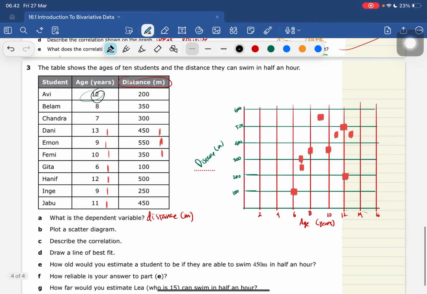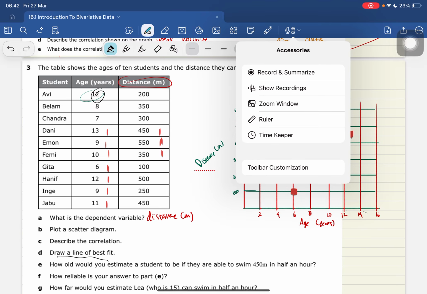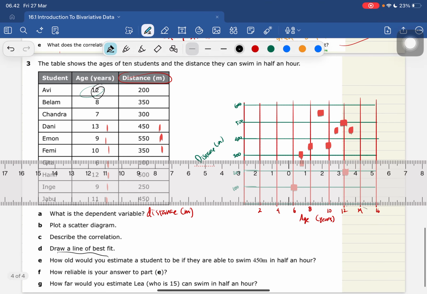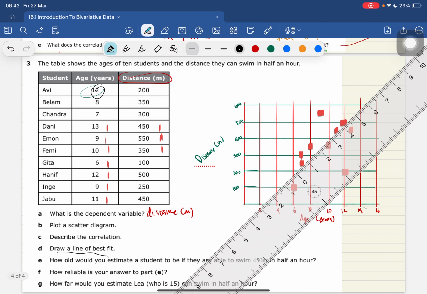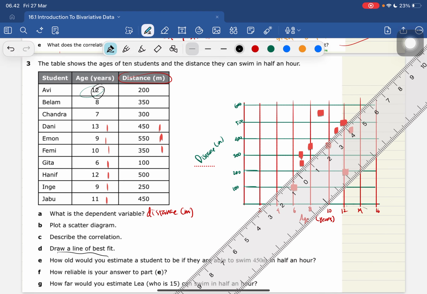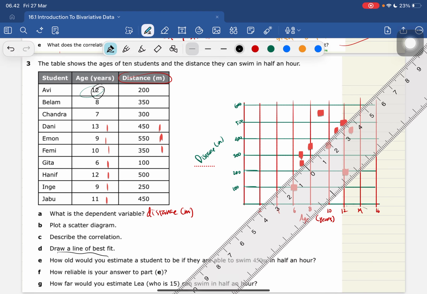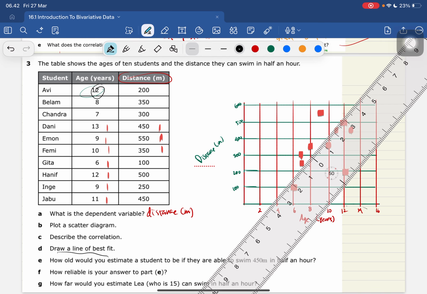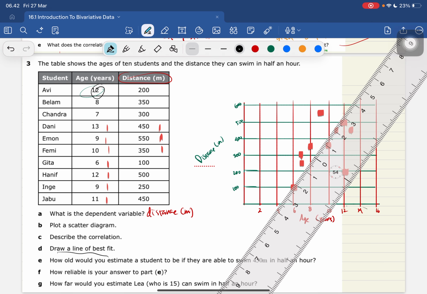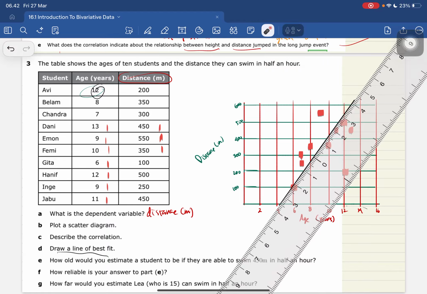Next, describe the correlation. Okay, to describe the correlation, we need to draw first the best fit line. Here the best fit line.